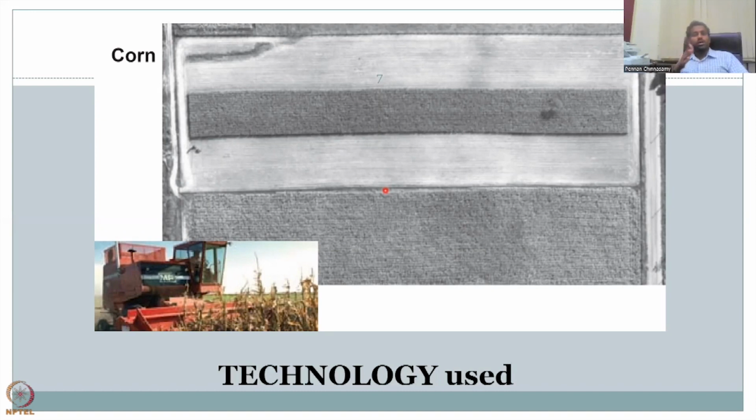This smooth color comes because it is almost uniform, and that uniformity comes because of a machine like this harvester, which actually cuts through the cropland at a particular height. So you have a clean image, and this image reflects the technology used. So now farmers can know what technology is used in the neighboring farms, the neighboring rural areas, and those technologies could be brought in for their use also.